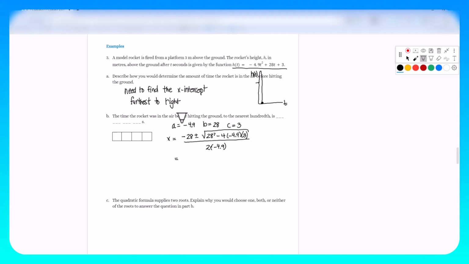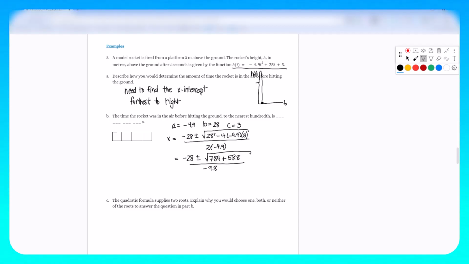So let's get this simplified. So in this case, we're going to get the square root of 784 plus 58.8 all over 9.8, and in particular negative.